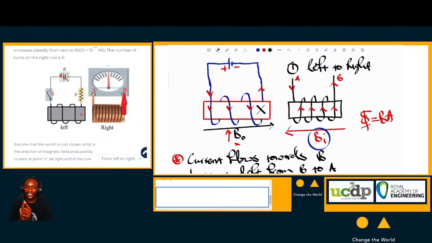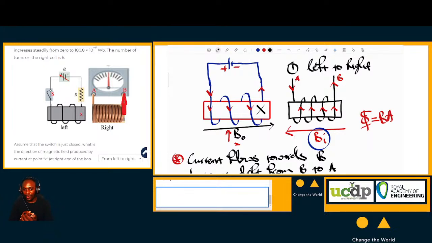Electrons are drifting from B to A. Remember that this is conventional current, and electrons move in the opposite direction to conventional current.